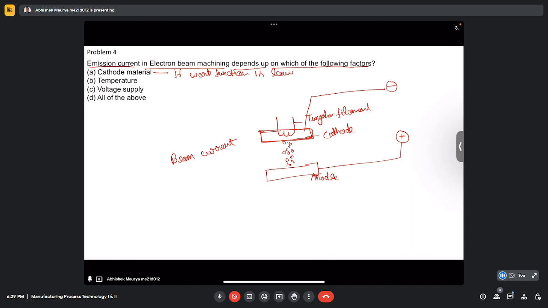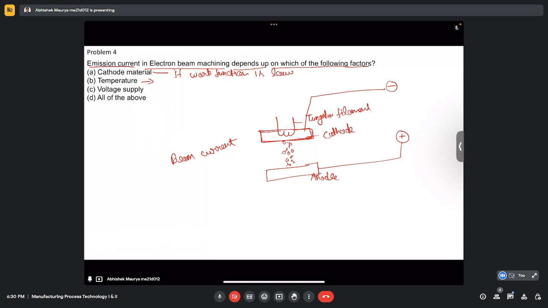So beam current will be higher if the work function is low. And next is temperature. Yes, if the temperature is high, then definitely more electrons will come out, and again the beam current will be higher.